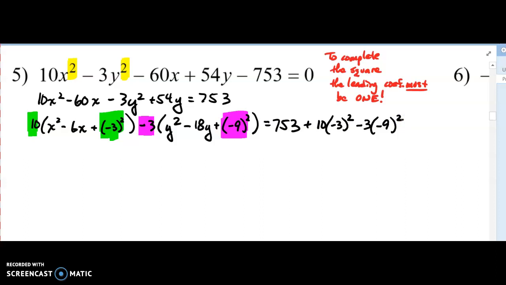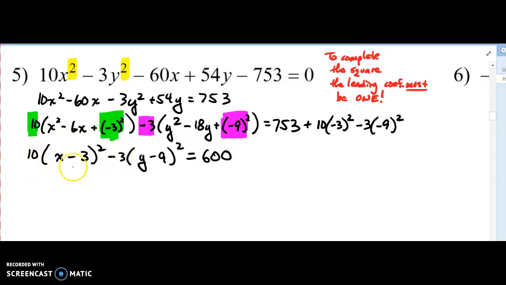Now I'm all balanced, and we can continue on. So this is going to be 10 times x minus 3 squared. Again, I just took the negative 3 and brought it down here. Minus 3 times y minus 9 squared equals, and if I did my calculations correctly, that should be 600.